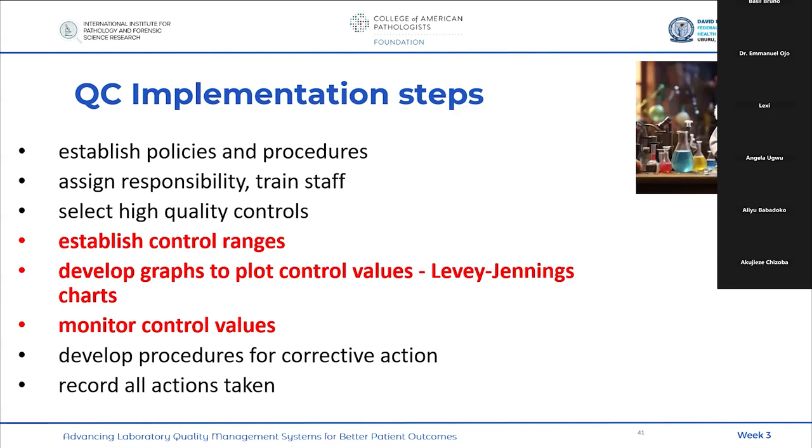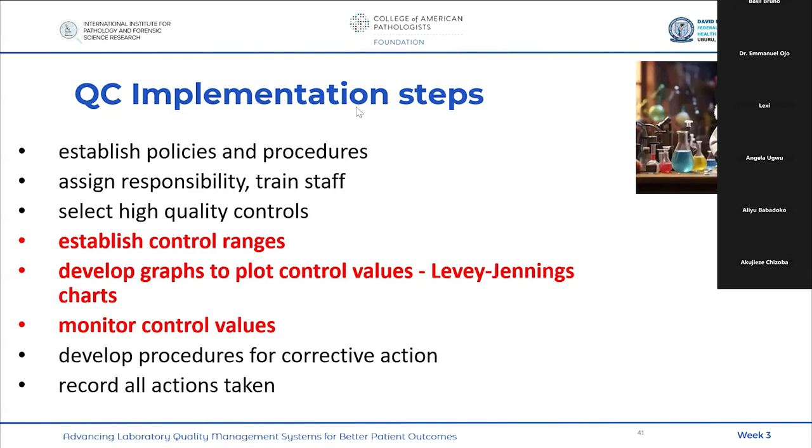The first thing will be that the policies and procedures have to be established. And apart from the policies and SOPs for the quality control, you also need to develop forms. There may be need to have charts where the QC data will actually be recorded.